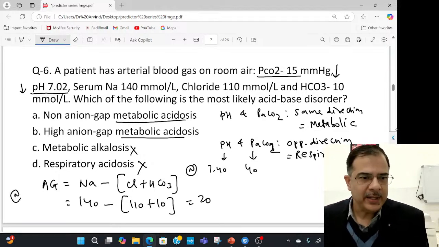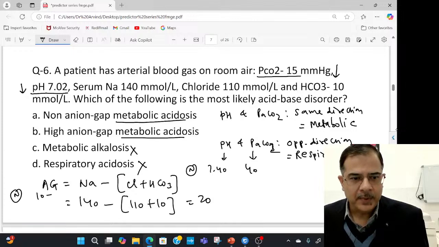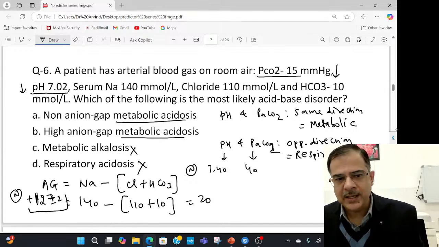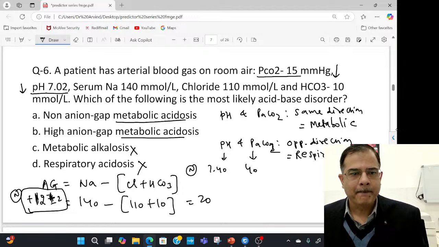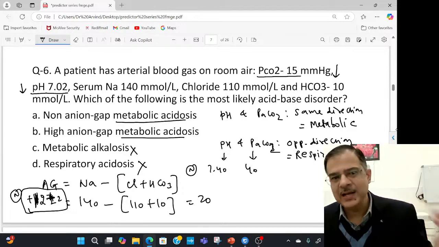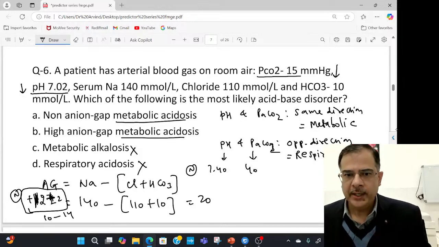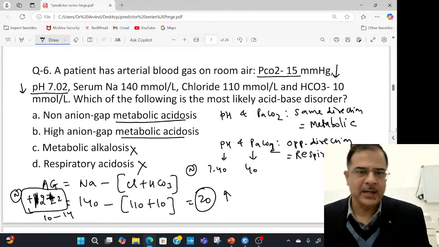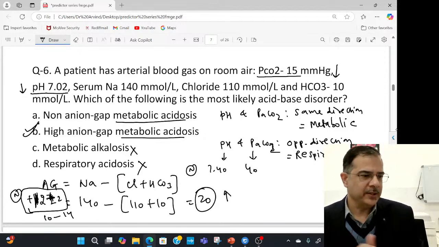The normal anion gap is 12 plus or minus 2, that means the range is 10 to 14. So it is a high anion gap metabolic acidosis. Simple answer.